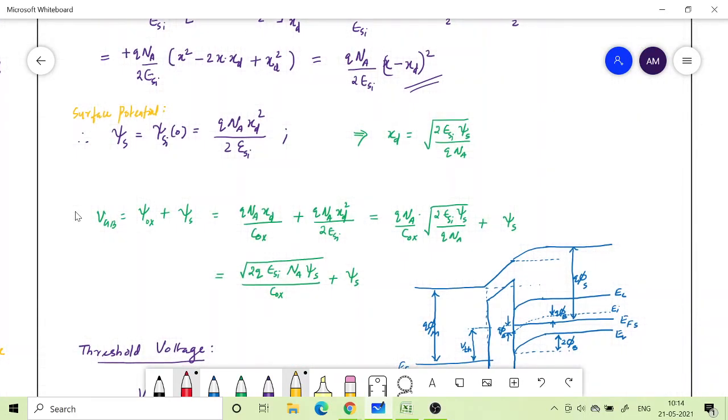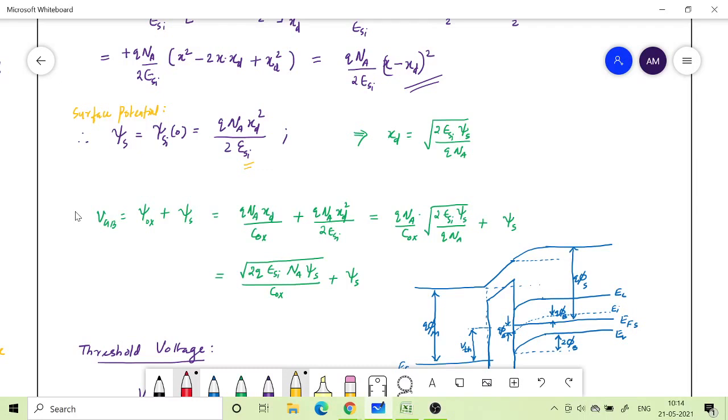So now we know that the total applied voltage, partly it is dropped across the oxide, which we found out, and partly it is dropped across the semiconductor. So the sum of these two should be the gate to bulk voltage. So I can just substitute here. The oxide voltage is going to be q Na xd by Cox, and the voltage across the semiconductor region, which we just now found out, that also you can substitute.